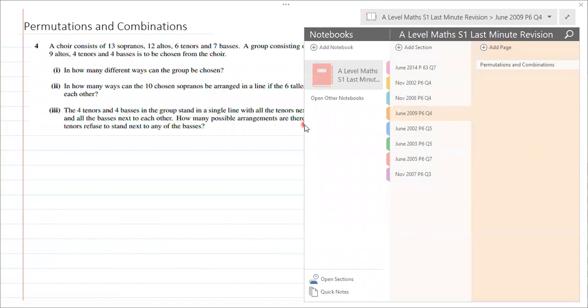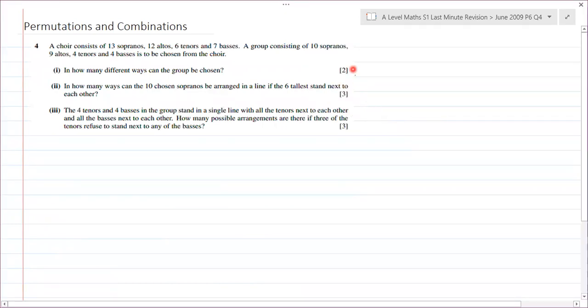June 2009, question paper 6, question number 4.